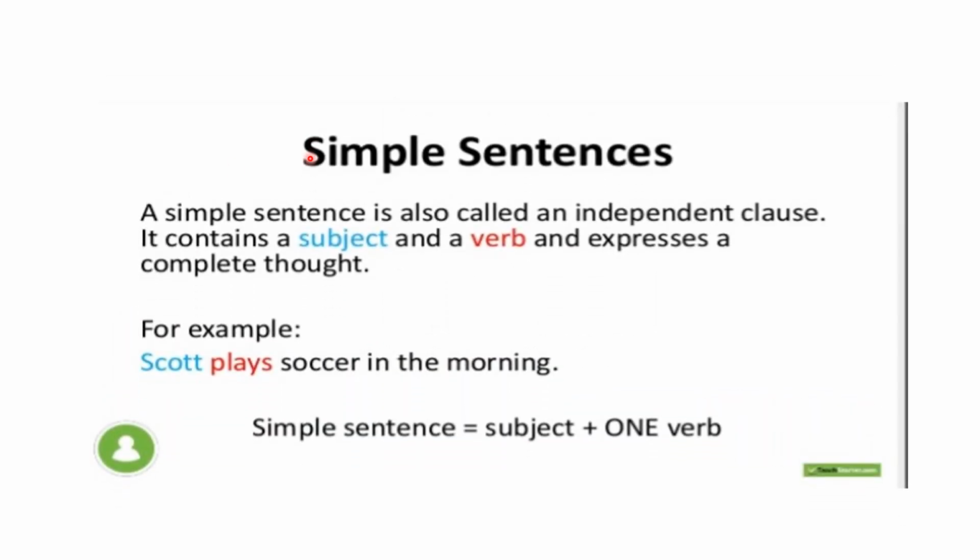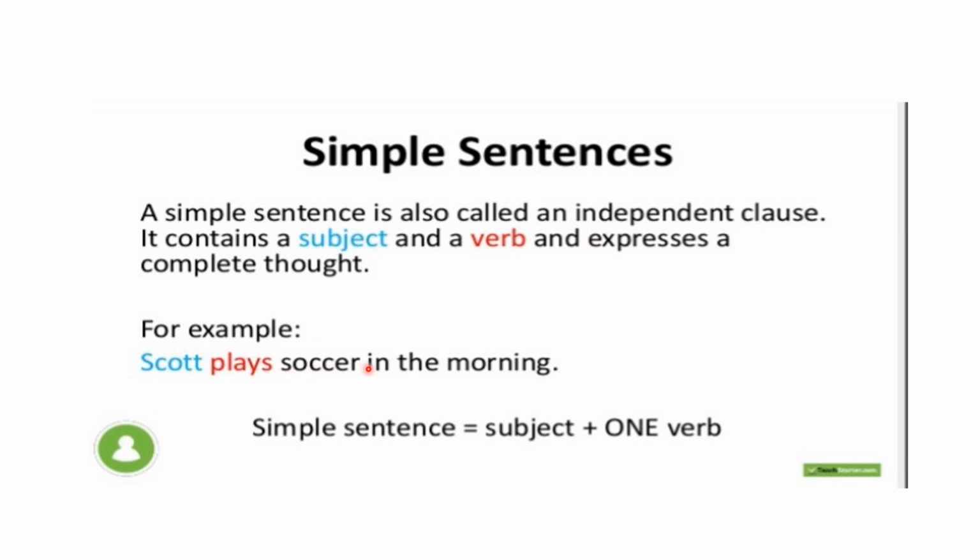Simple sentence. A simple sentence is also called an independent clause. It contains a subject and a verb and expresses a complete thought. Or you could also say a simple sentence is a sentence that consists of one independent clause. Look at this example.